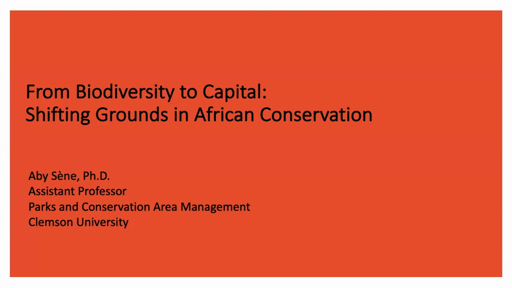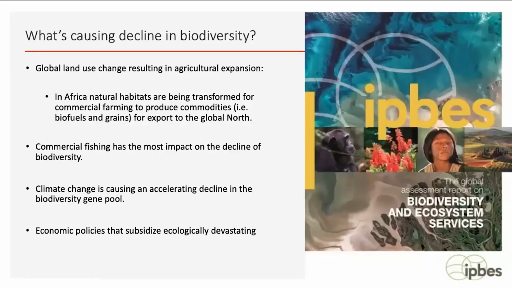But before that, I wanted to set the stage. It's no surprise to anyone in this audience, but let's hone in on what exactly is causing a decline in biodiversity.